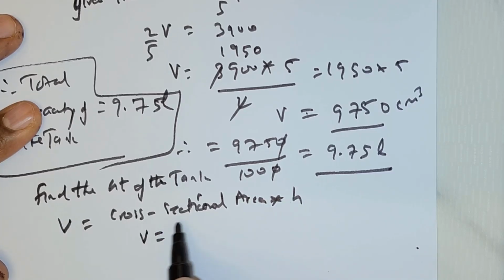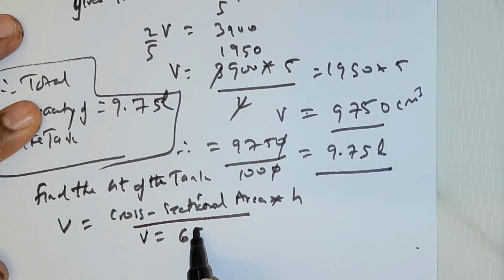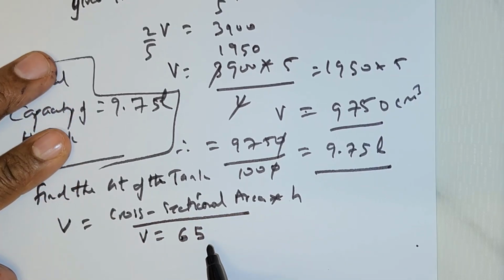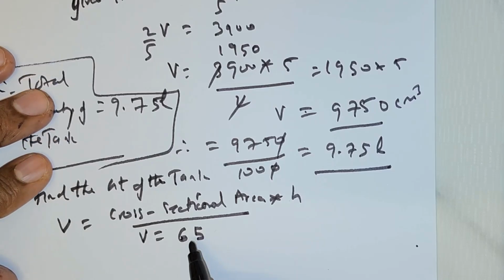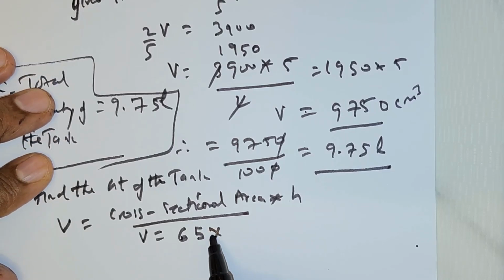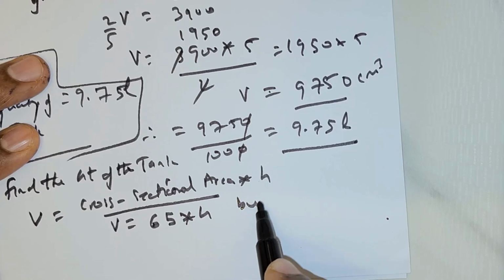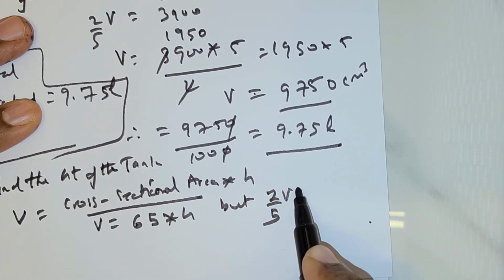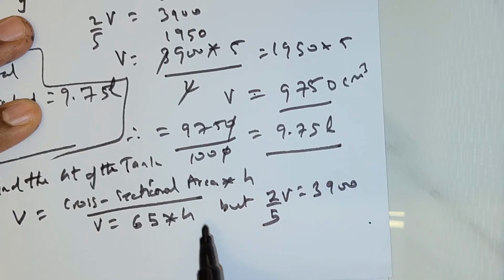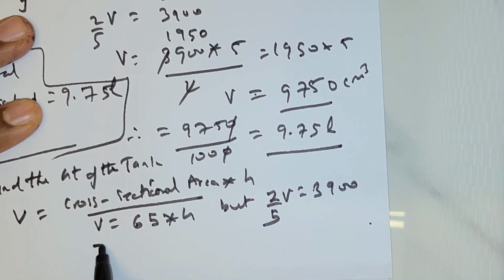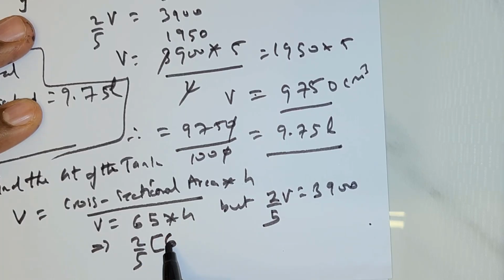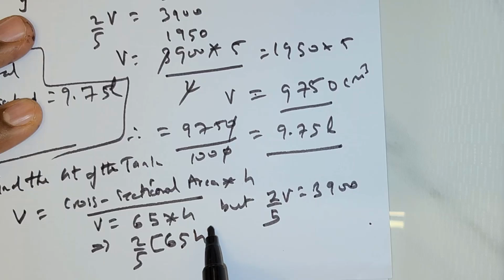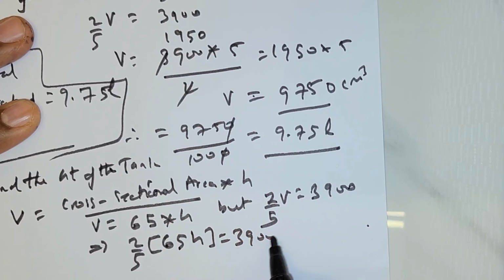So V is equal to the cross-sectional area we obtained, 65 cm squared, multiplied with h. But we know that 2/5 of V is equal to 3900. You substitute the value of V there. So this means 2 over 5 of 65h is equal to 3900.